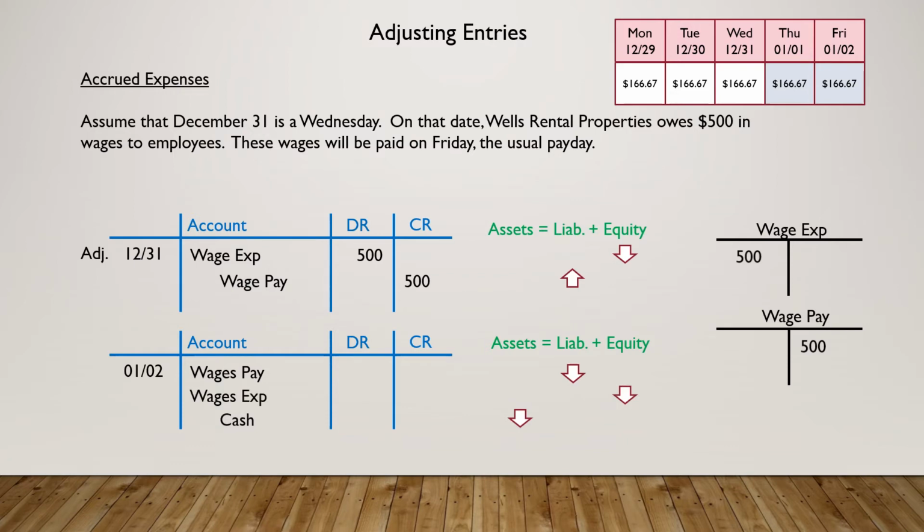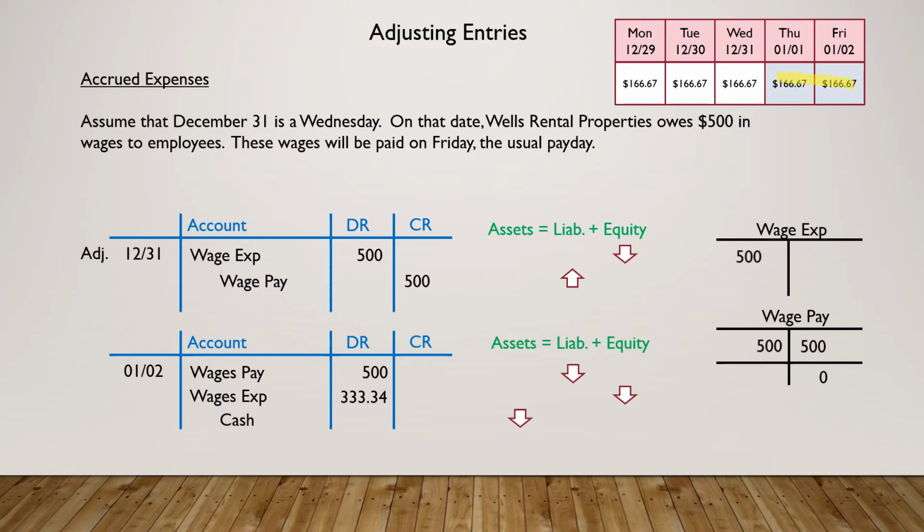As for the amounts, wages payable will be a debit for $500. We're paying off the amount owed. Once we post that amount to the ledger account, the new balance becomes 0, indicating that we're free of the obligation. Wages expense gets a debit of $333.34 for the 2 additional days worked after the start of the new year.